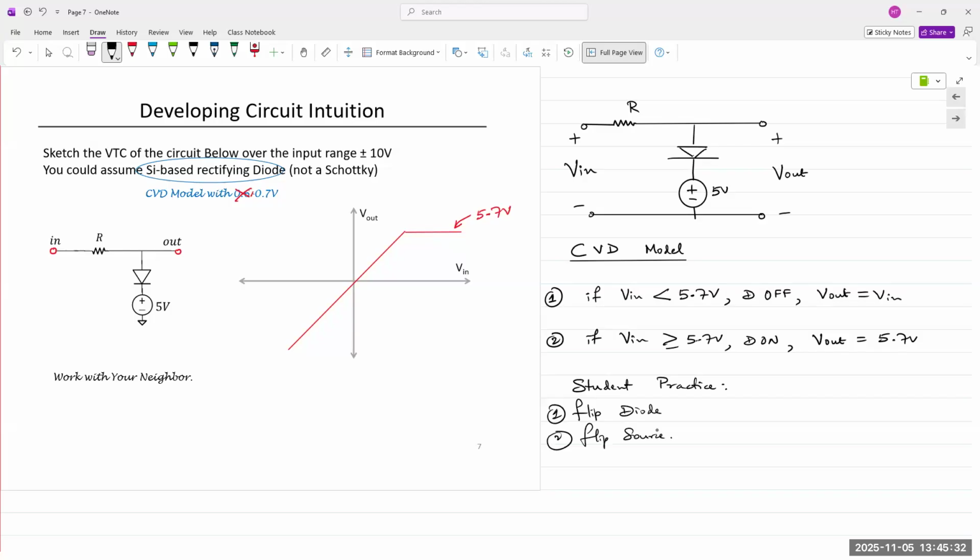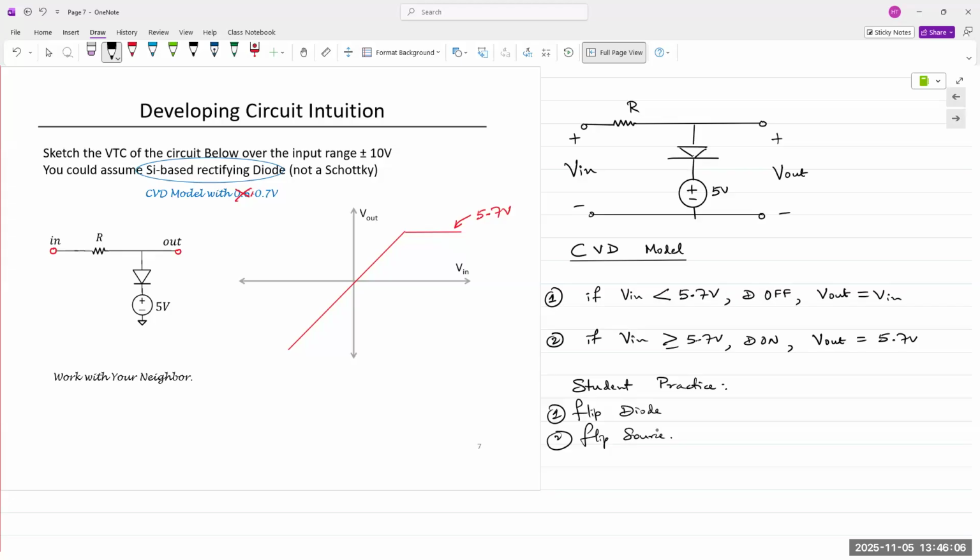If you flip the source, let me just describe in a few sentences. If you flip the source, now the cathode is connected to the negative end of the 5-volt source. So the cathode is already 5 volts below 0. So the diode is always going to be on unless the anode falls below that level.